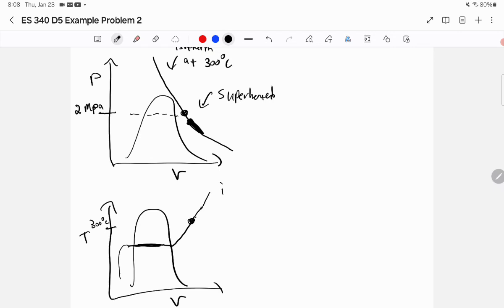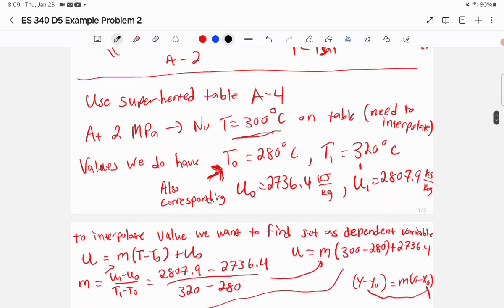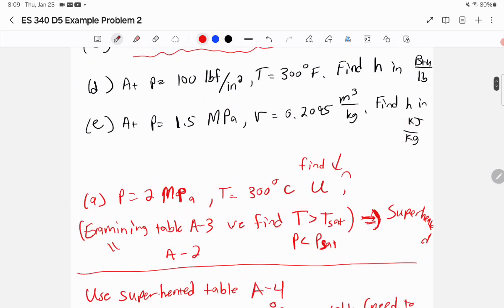And this is the isobar of 2 megapascals. This line that I drew here, that's an isobar. And obviously the point, again, is still in the superheated region. It's on the right-hand side of that curve, so we know that that's the case. Okay, very good.